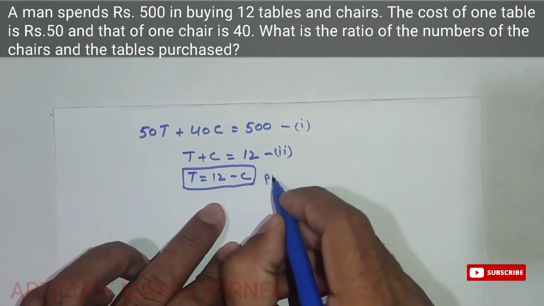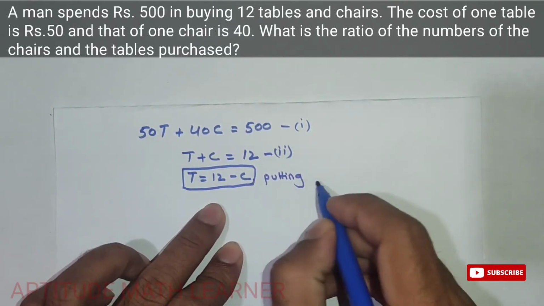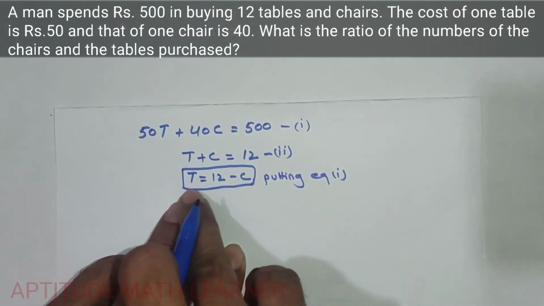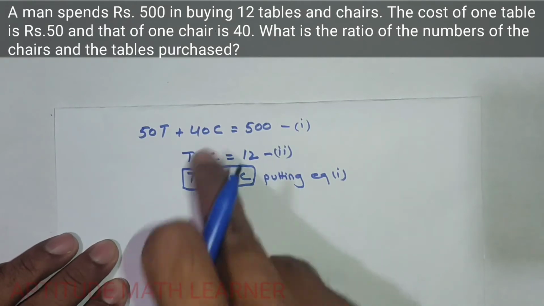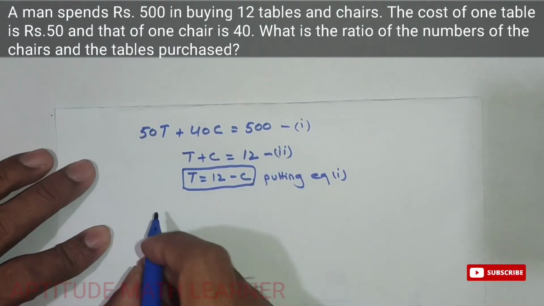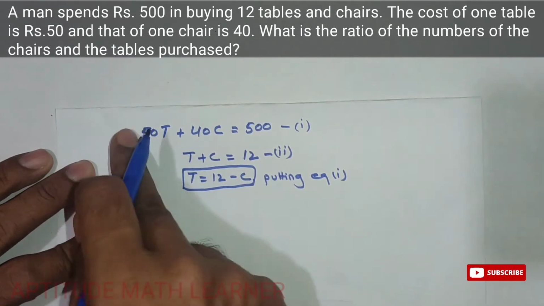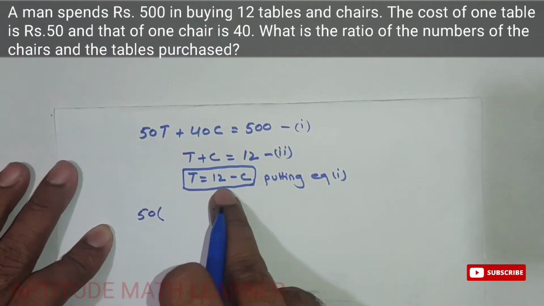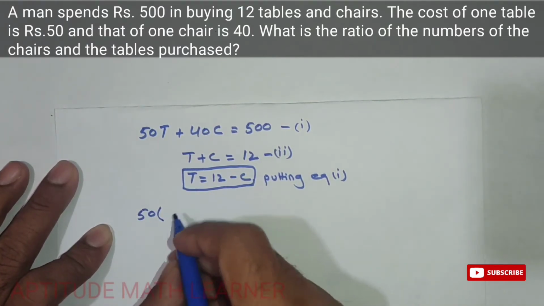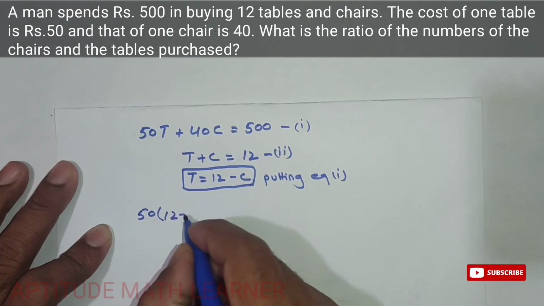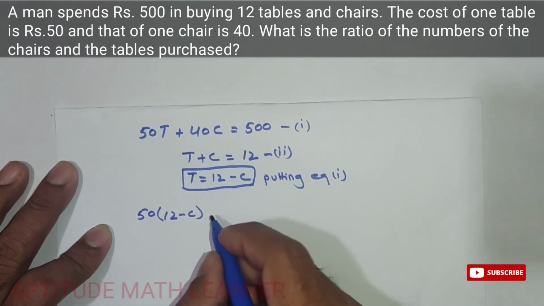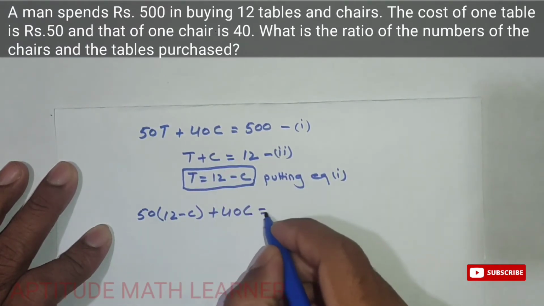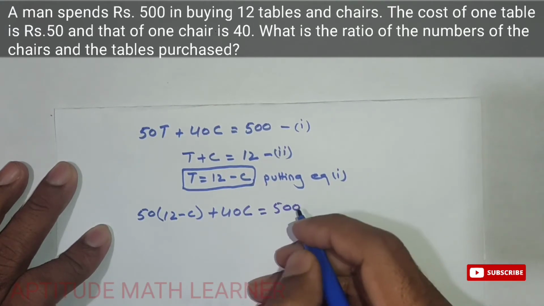Putting it in equation number 1, we put the value of T into the equation: 50, and the value of T, that is 12 minus C, plus 40C is equal to 500.